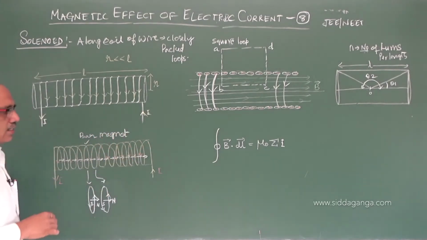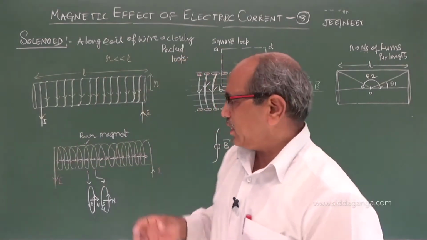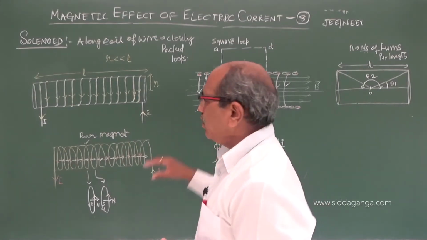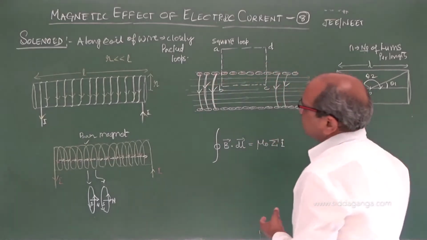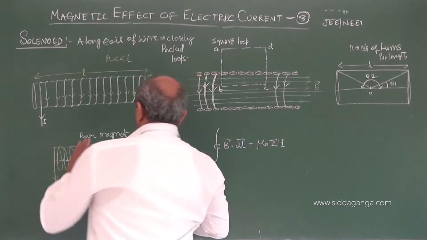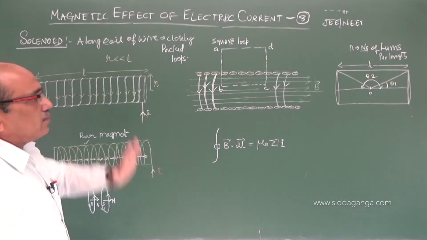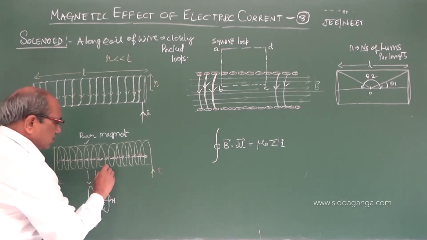When it carries current, the magnetic field we see in the case of the solenoid almost resembles that of a bar magnet. A powerful uniform magnetic field lies along the axis within the solenoid, and the field outside is negligible. To get the expression for the magnetic field of a solenoid, I hope you understood how the magnetic field arises.